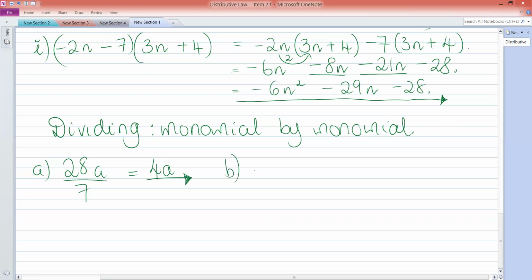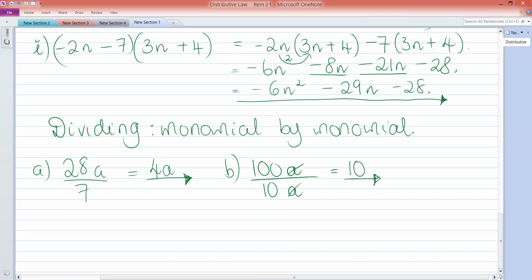Okay. Now let's look at another one. This time we have 100a divided by 10a. A divided by a. Those are like terms, right? So the a cancels out with the a here. Then 10 into 100, we're just left with 10.